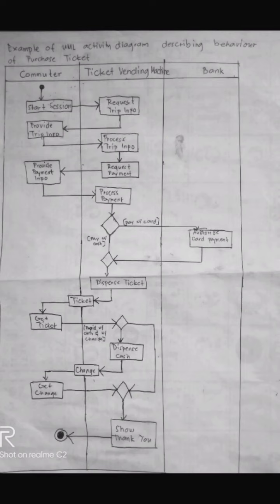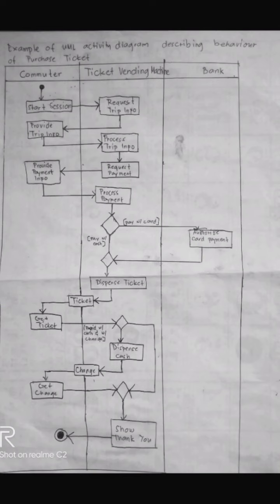So if the commuter paid with cash and with change, then the ticket vending machine will dispense cash and give the change. The commuter will get the change, and then the last activity will display a thank you.